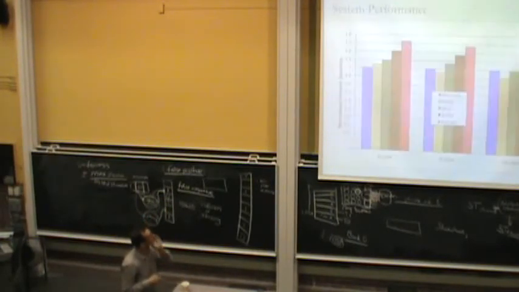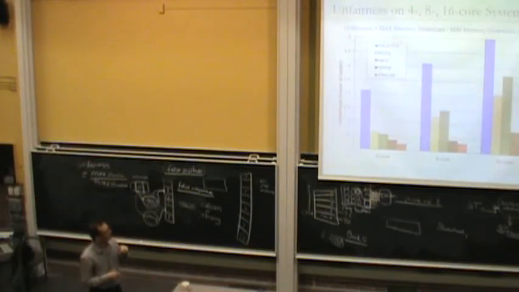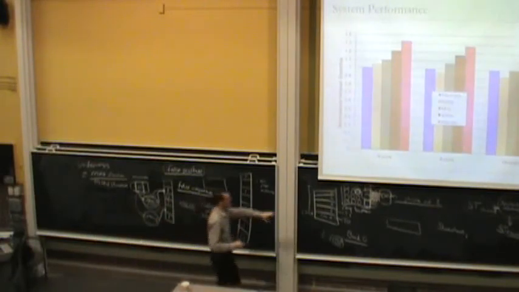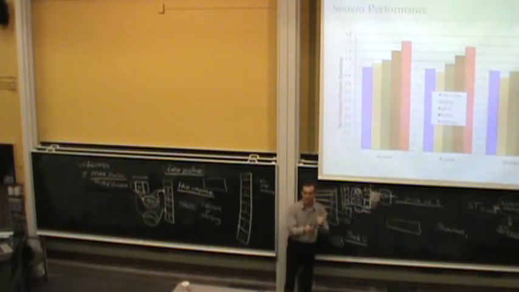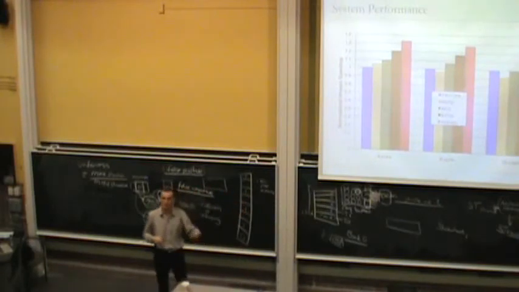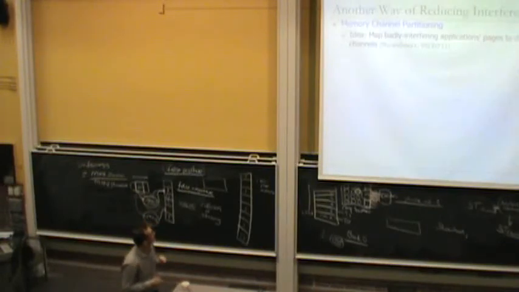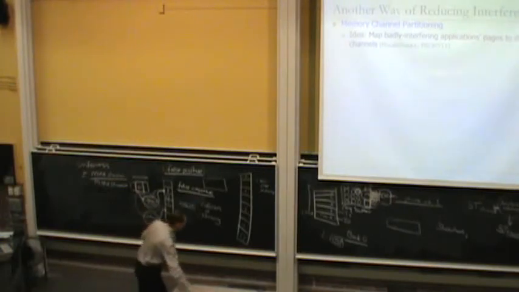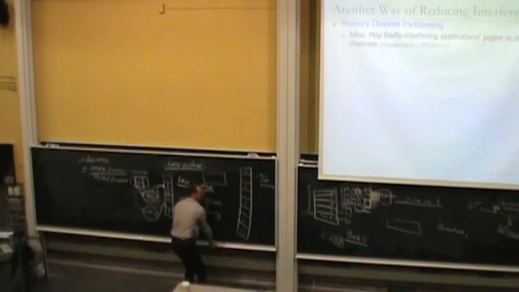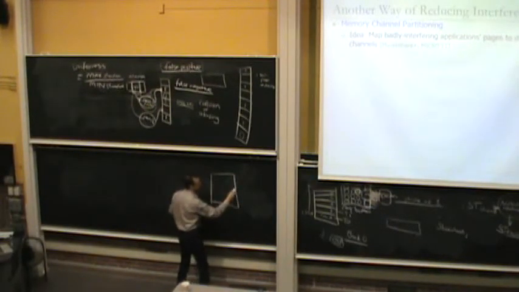Okay. So let's cover some other ways of fixing this interference problem. We looked at when you have multiple threads sharing the memory controller, how do you schedule requests in a thread-aware manner to minimize interference, maximize fairness, maximize performance? But there are other ways of doing this, which I'm not going into too much detail about, but you should know the basic principles. One other way of reducing interference between threads in the system is to exploit the existence of multiple channels.